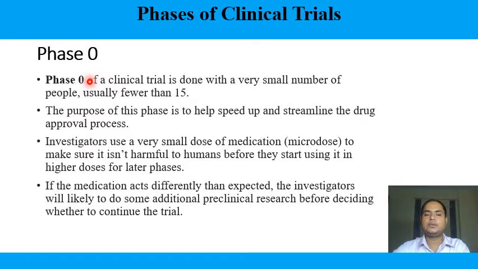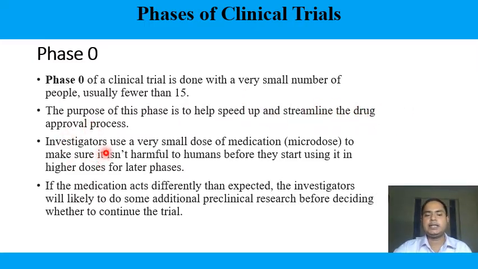Phase 0 of a clinical trial is done with a very small number of people, usually fewer than 15. The purpose of this phase is to help speed up and streamline the drug approval process.